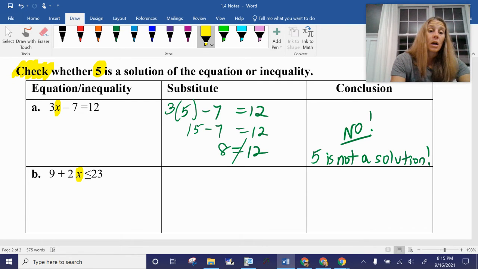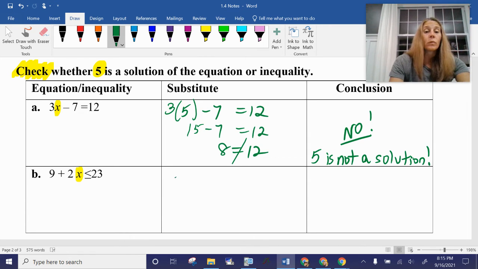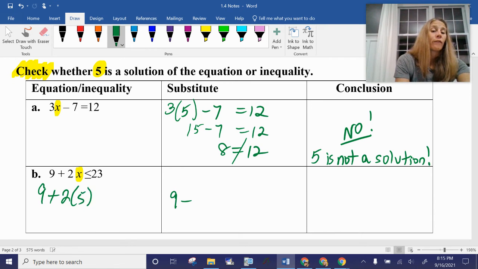So we can try the same thing for an inequality. It's just that we're not going to only have one possible answer. Like the last one, you had to get 12 or it was not going to work. But this time it's an inequality, so as long as the inequality is true or makes sense. So we're putting in the 5 again: 9 plus 2 times 5. 2 times 5 is 10, and 9 plus 10 is 19.